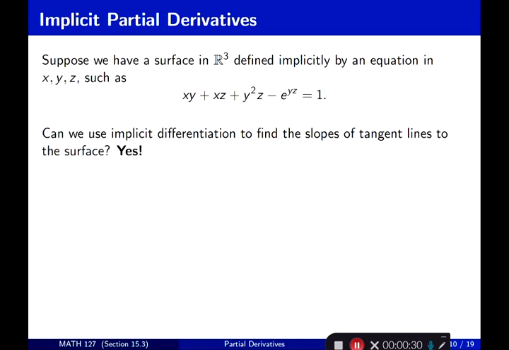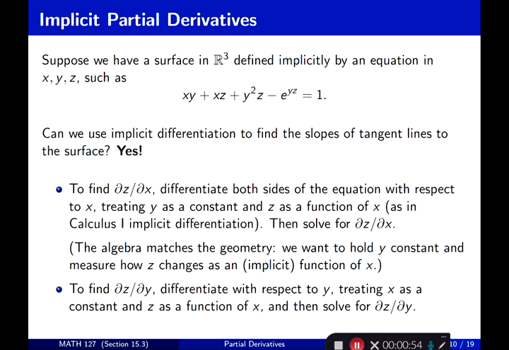The process goes like this, because it's not just simply taking a derivative. You're trying to find the partial with respect to, let's say, x and the partial with respect to y.